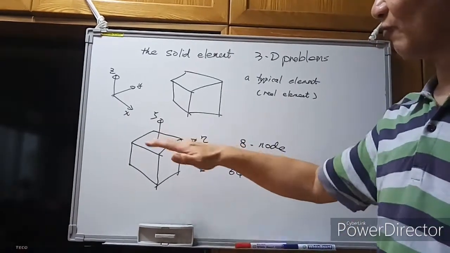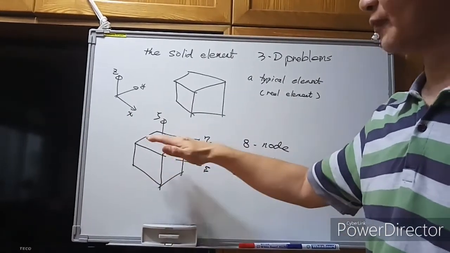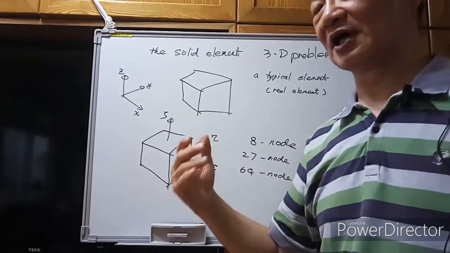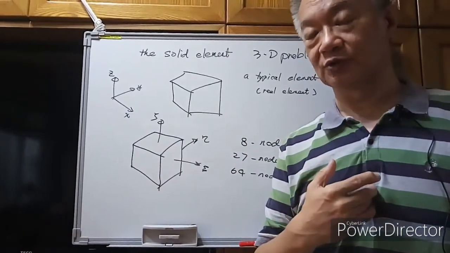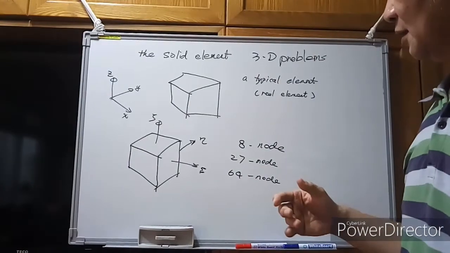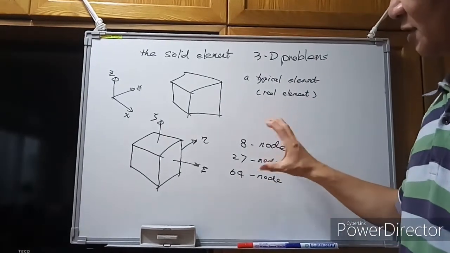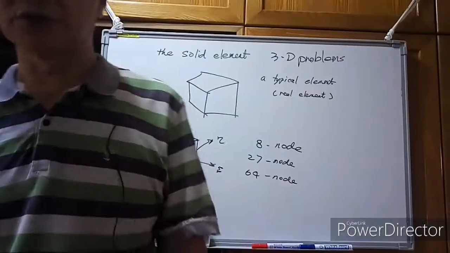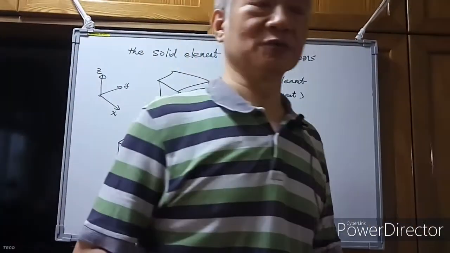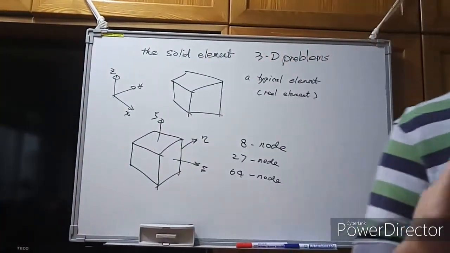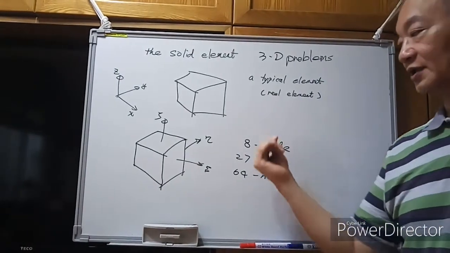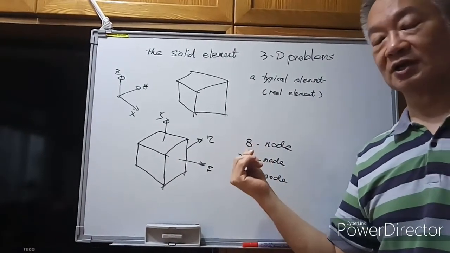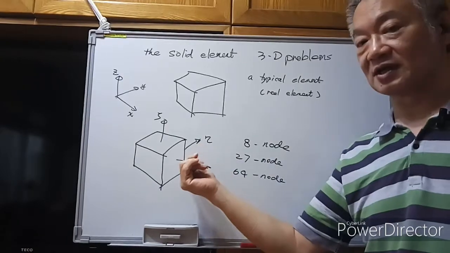And for the 64, there are 4 layers, and in each layer we have 16 node points. So that's the number of the node points. When you define the mesh for the problems, the first thing you need to know is how many node points we like to use in the master element.